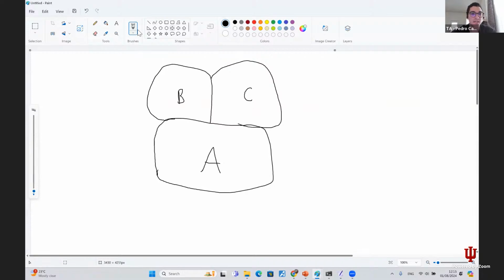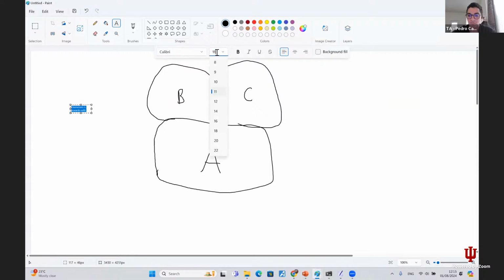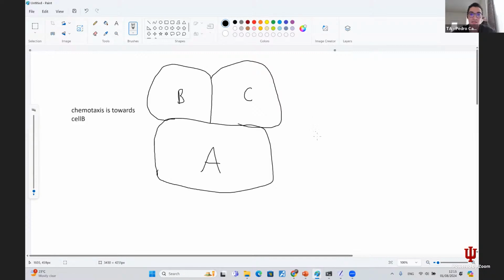But my chemotaxis is towards cell B. And let's say I have a gradient in the upwards direction. And my chemotaxis is towards cell B. So the pixel copies will happen here only, and they will not happen here. Here, it's going to be neutral. Is that clear?